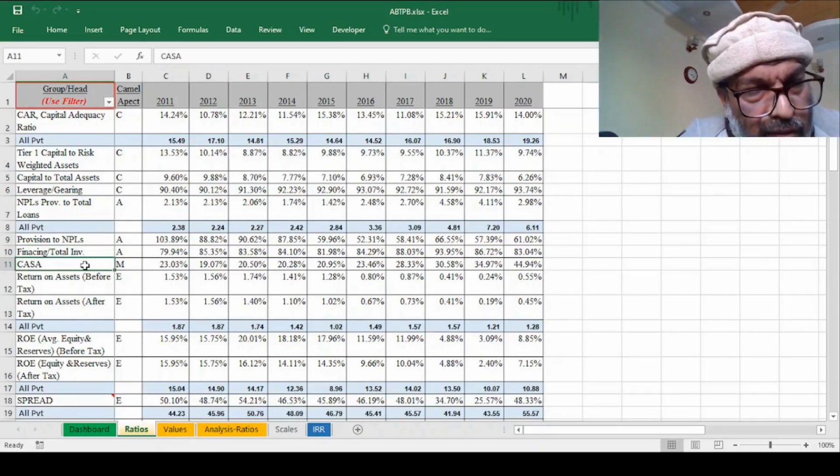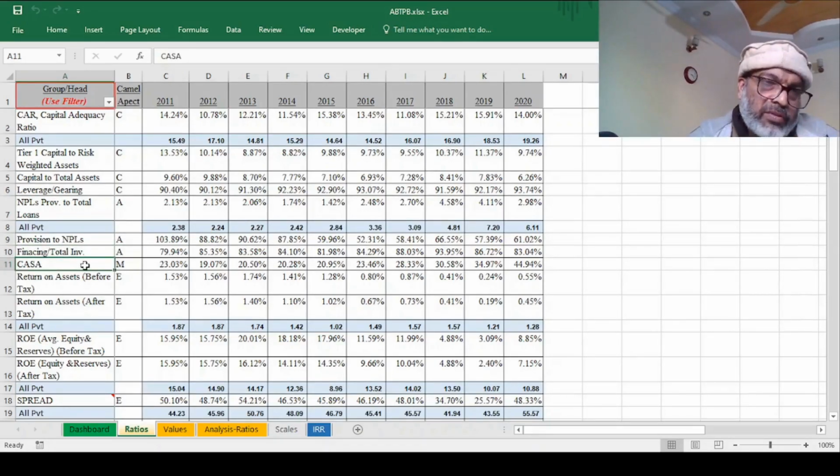CASA. CASA is current account to saving accounts. The higher the CASA, the better it is because that means that the bank is depending more on the interest-free deposits and then earning by lending.